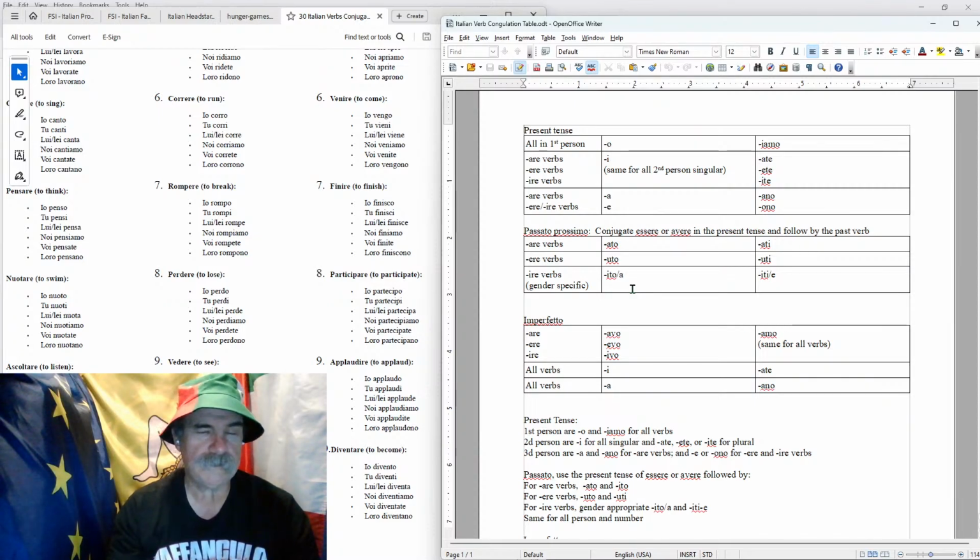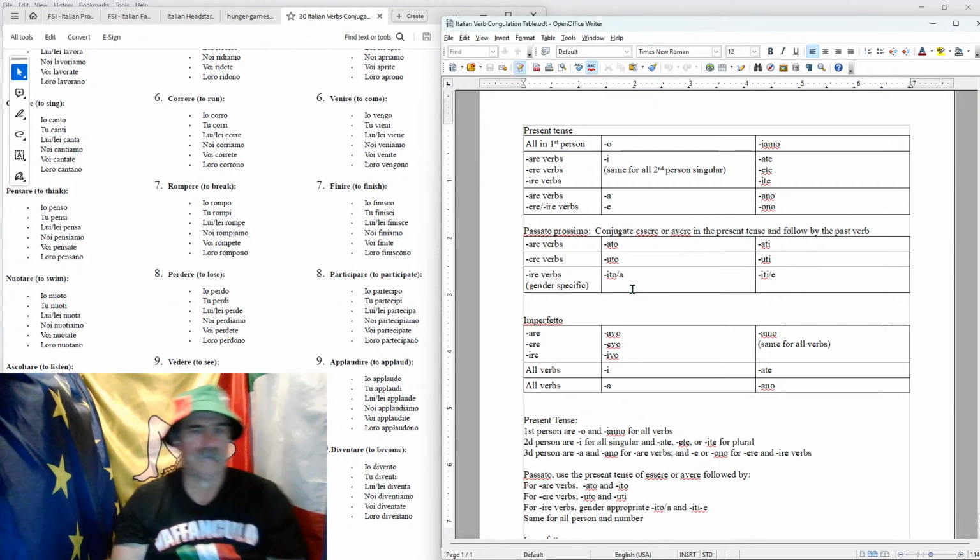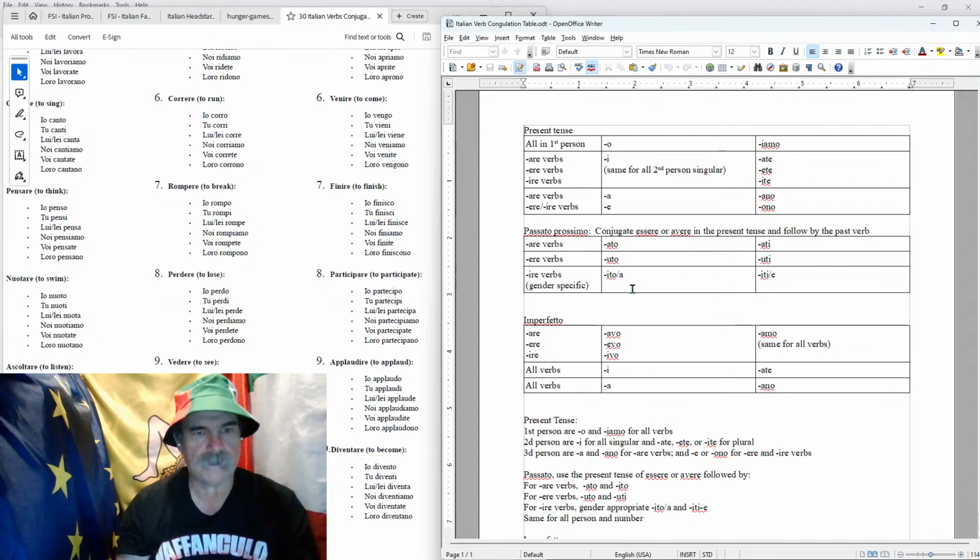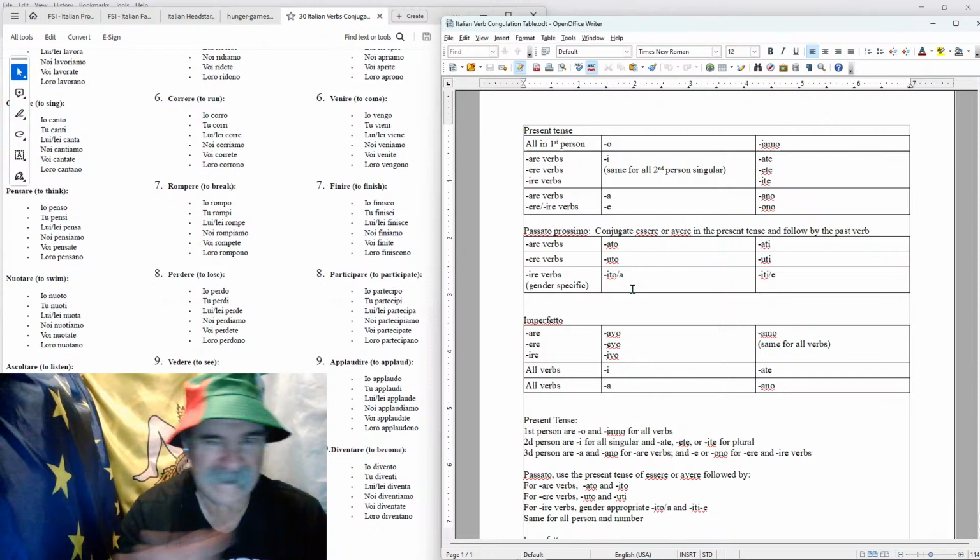And I'm going to miss some of the essere verbs because I think almost all of them are avere, except for the few that are essere. So if I just use avere for almost all of them, I will be right most of the time. That's what I play. I play the odds.